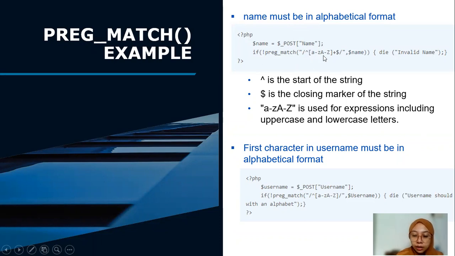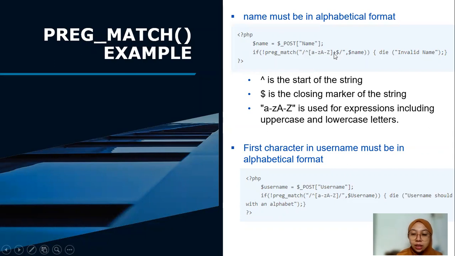So to write the regular expression, we must start with this mark. I don't know the name of this mark, and the dollar for the end. Okay, so the start is this, and the end is the dollar. And the regular expression, we can put it inside the square brace like this.